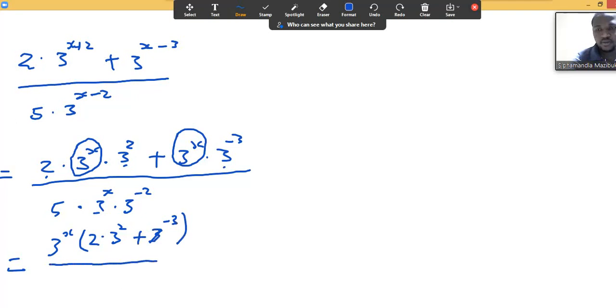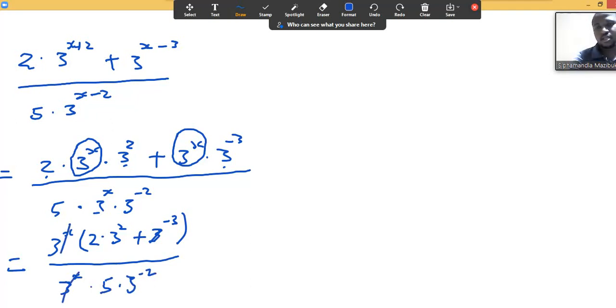Okay, so let's look at it again. The denominator, we can keep it the same: 3 to the power x times 5 times 3 to the power minus 2. So we just did the rearrangement.